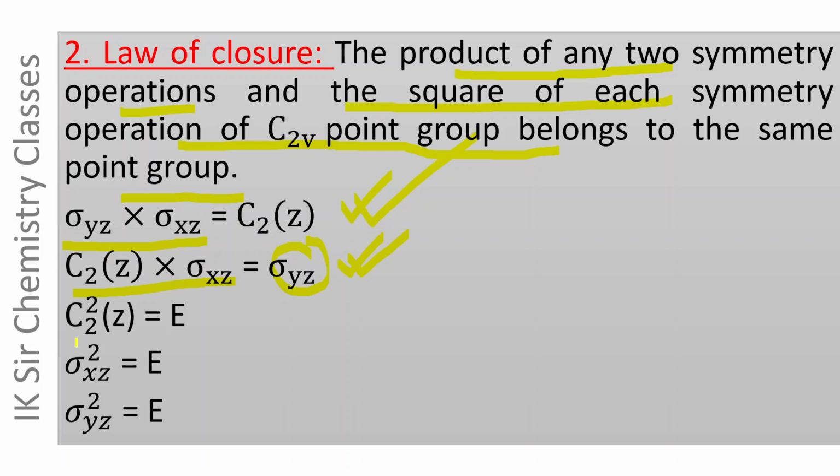At the same time, the square of each symmetry operation also belongs to the same point group. C2z squared is equal to E, sigma xz squared is equal to E and sigma yz squared is equal to E. The product of any two symmetry operations as well as the square of each symmetry operation of C2V point group belongs to the same point group and thus the law of closure is obeyed.